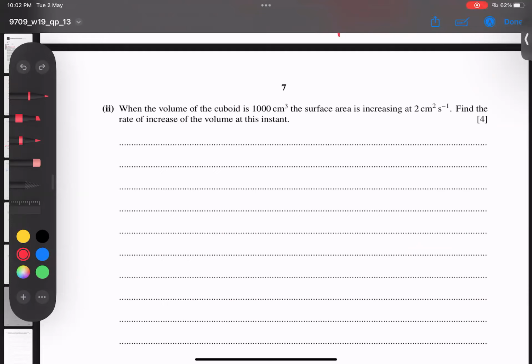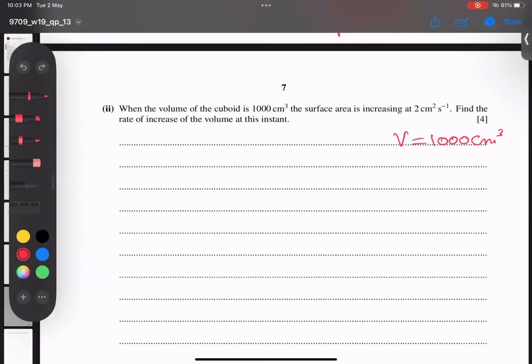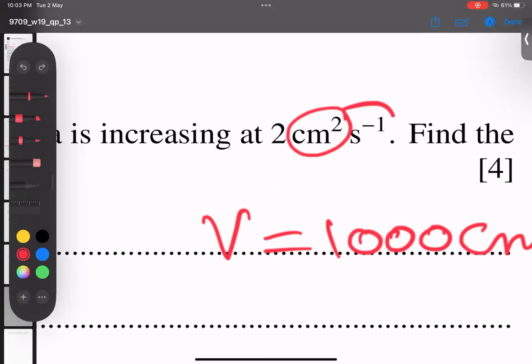Given when the volume of the cuboid is 1000 centimeter cube. So volume is given how much, student? 1000 centimeter cube. Surface area is increased by, what is the units? If you're confused what to do, what units? Centimeter square per second.